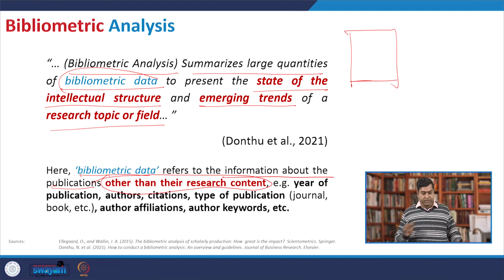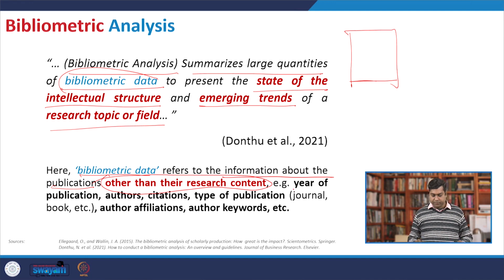In this particular case the bibliometric data is the overall information about the paper: title, author names, author's affiliation, the journal, the volume number, the impact factor of the journal, when it was published, the location. In such cases we are not going to discuss the content within it. So, bibliometric data is limited to that.